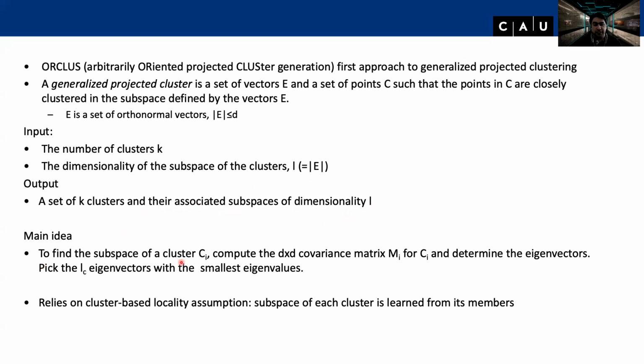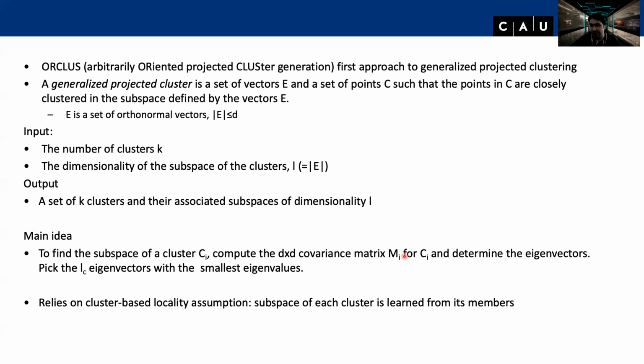So to find the subspaces of a cluster Ci, we compute the d times d covariance matrix Mi. As you recall from PCA, the covariance matrix has the dimensionality d times d, where d denotes the number of features, dimensions that we have for a cluster Ci, and we determine the eigenvectors.